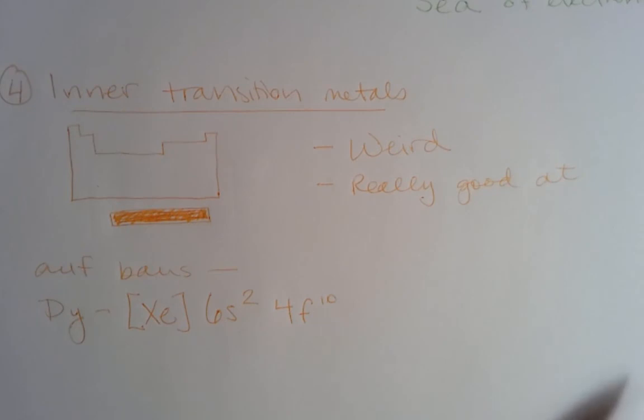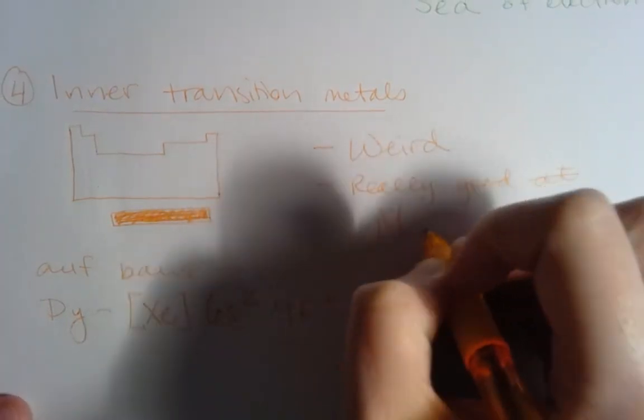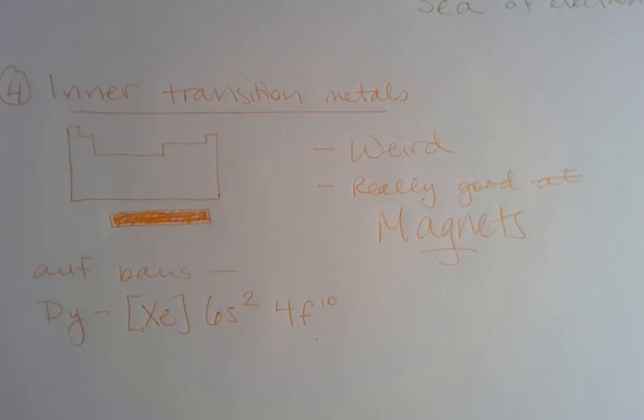But the other unique property they've got with all these 7 suborbitals in the F is they can get 7 electrons spinning independently in the same direction. They're really good magnets. So for any application across Earth, space, medicine, anything, if you need a strong magnet, go talk to the inner transition metals, because they've got more power than anybody else in the magnetic spin realm.